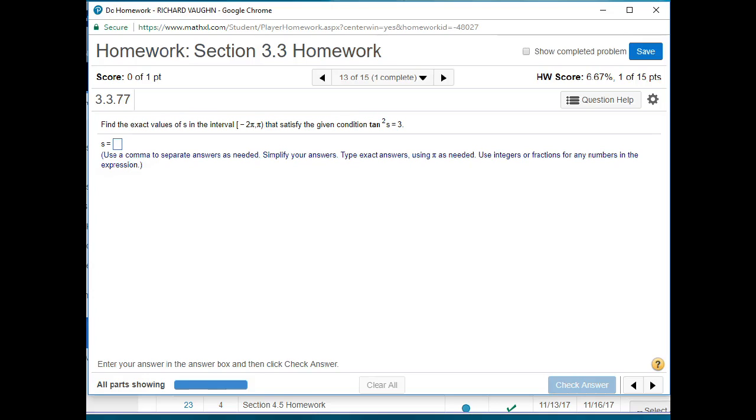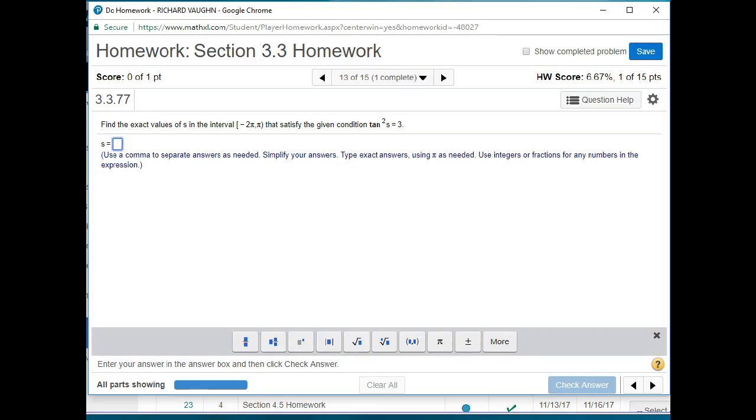So the first one that we pick up is pi over 3 up from minus 2 pi. Pi over 3 is 60 degrees. Minus 2 pi is minus 6 pi over 3, and then I'm going to add pi over 3. So the first one is going to be minus 5 pi over 3.